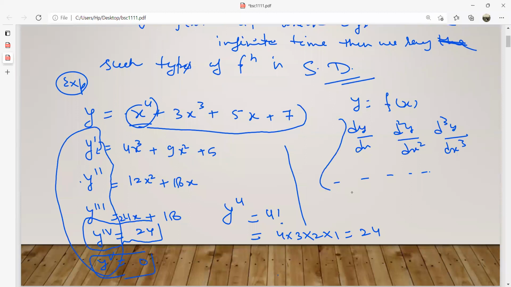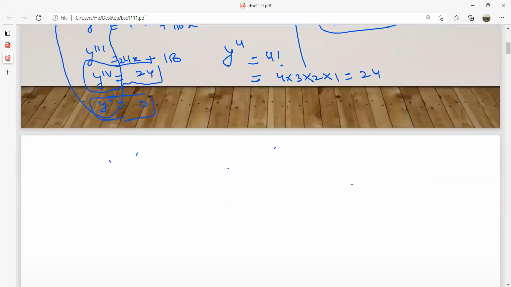Another form to define the derivative is d by dx equal to capital D, and d square by dx square equal to D square, so sometimes we denote D square, D cube.